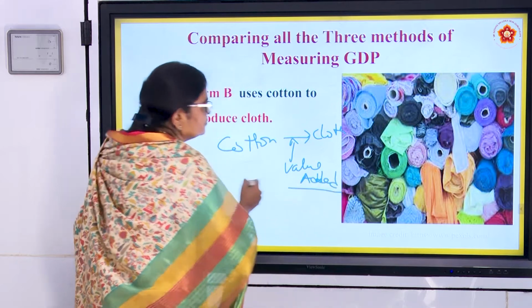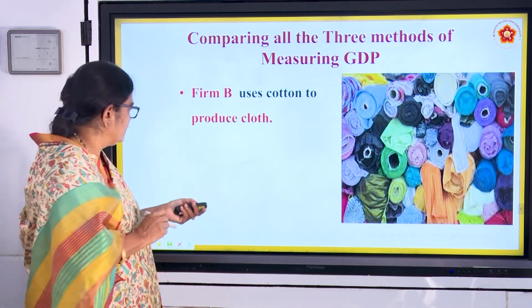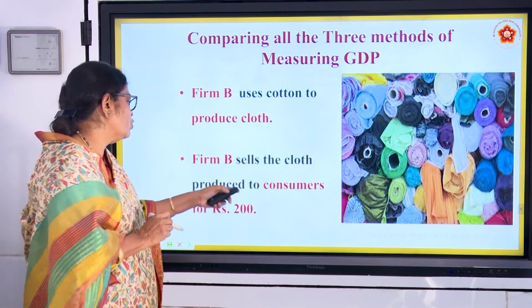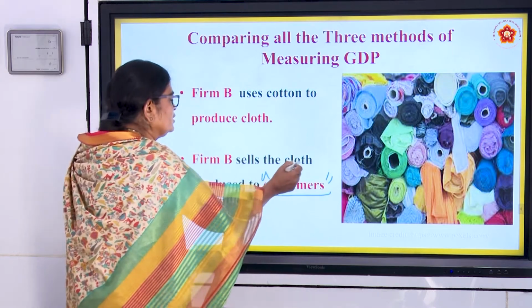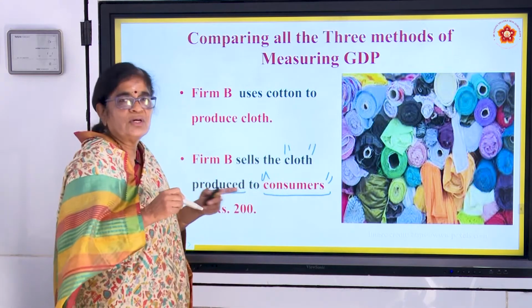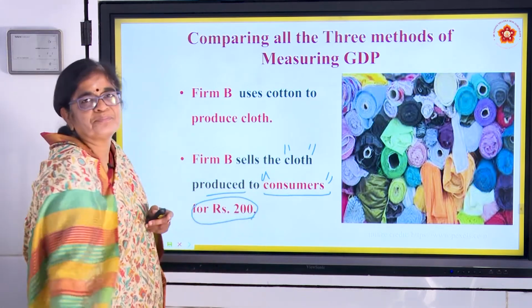That is why it is called the value added method. Firm B sells the cloth, the final product, to the consumers for 200.